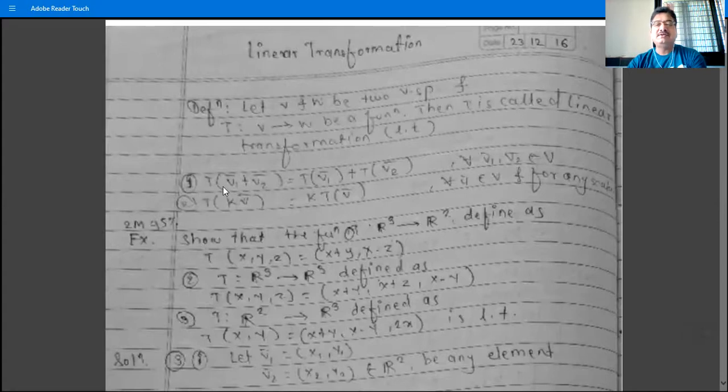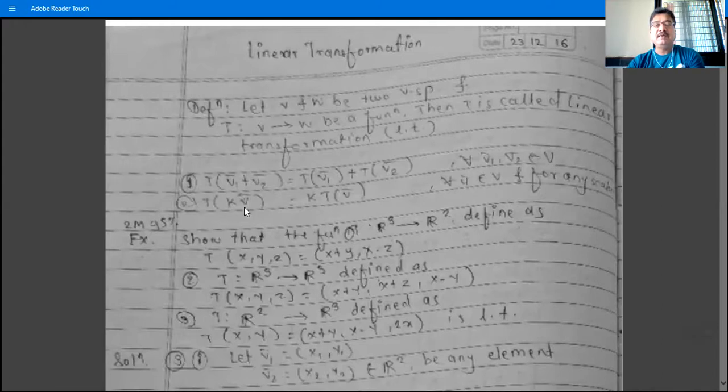If these two conditions are satisfied, that is, T(v1 bar plus v2 bar) is equal to T(v1 bar) plus T(v2 bar), or T(v1 plus v2) is equal to T(v1) plus T(v2), for all v1 and v2 belonging to V, that is the domain of this function.